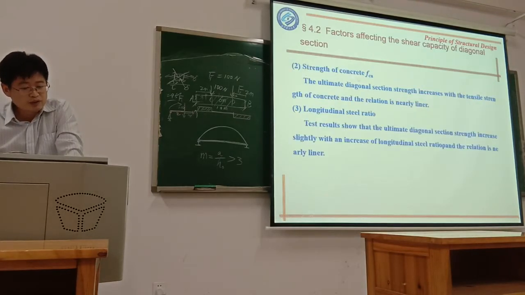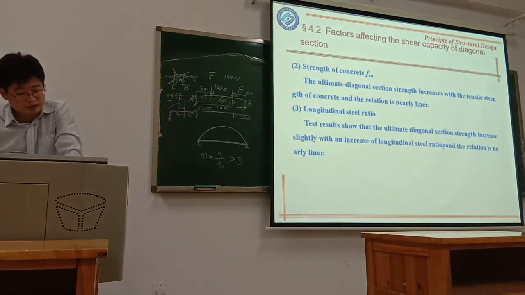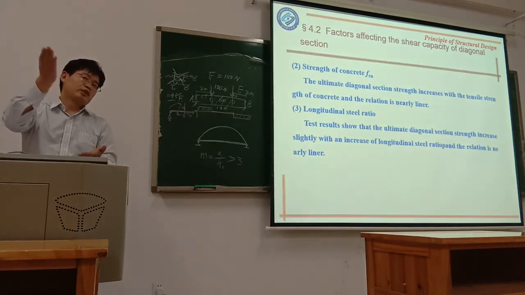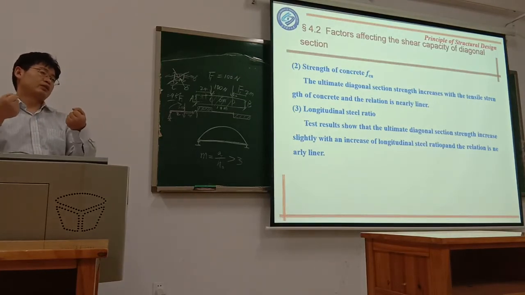And also the strength of the concrete. Strength of the concrete also has some influence. The ultimate diagonal section strength increases with the tensile strength of the concrete, and the relation is nearly linear. So what does this mean? With the strength grade of the concrete increasing, the tensile strength normally increases.